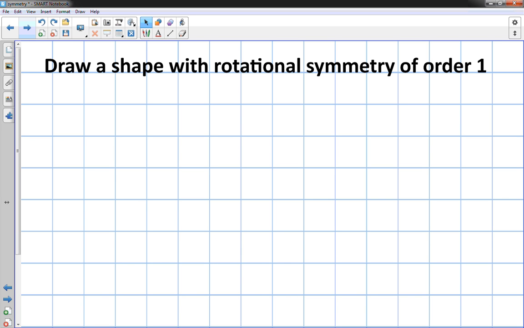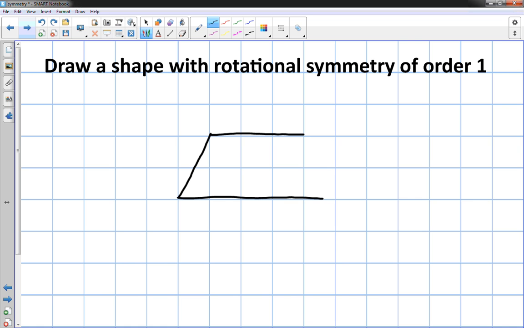Draw a shape with rotational symmetry of order 1. Okay. I actually had an example of this earlier on. Do you remember it? But I think I'm going to try something different. I think I'm going to try my trapezoid.